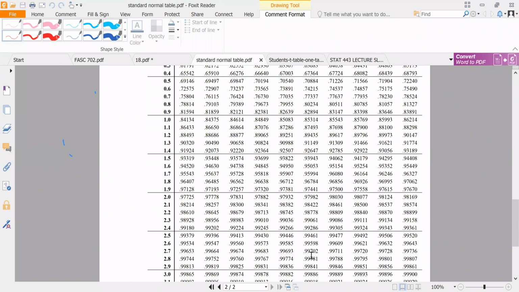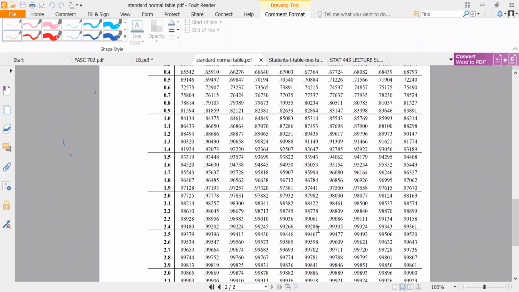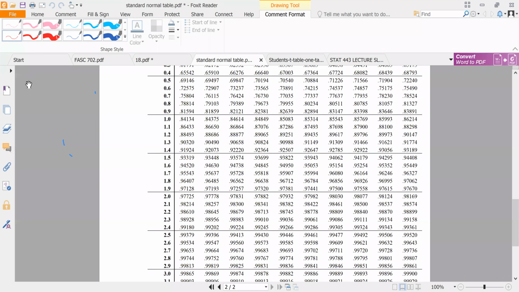And in here, you look for the value 0.995. Now, if we look at this point, the value of 0.995 is between these 2 points.